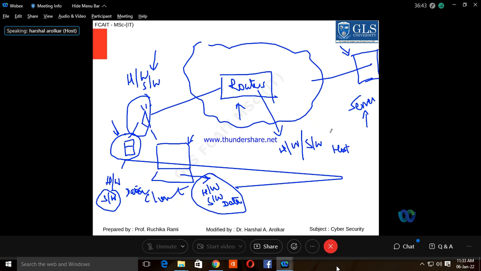First I said physical security, and now I am saying host security. Host can be anything. Host can be any of the devices that you are going to use, maybe a mobile phone, a pen drive, a laptop, a hard disk, and so on. Is this fine?